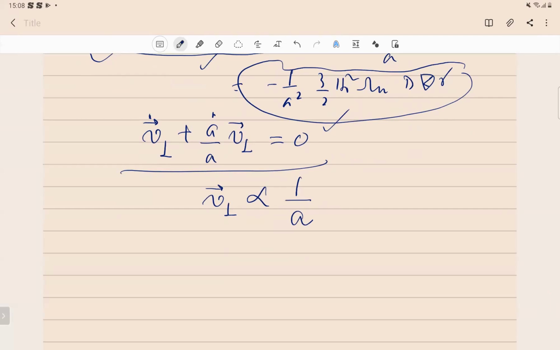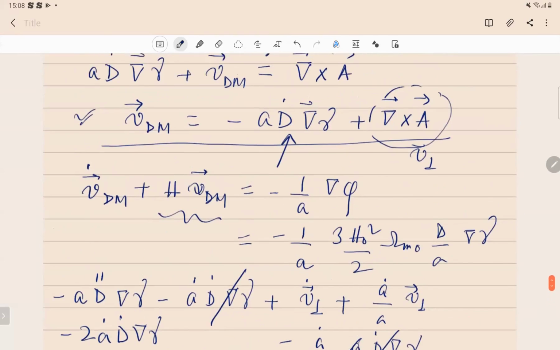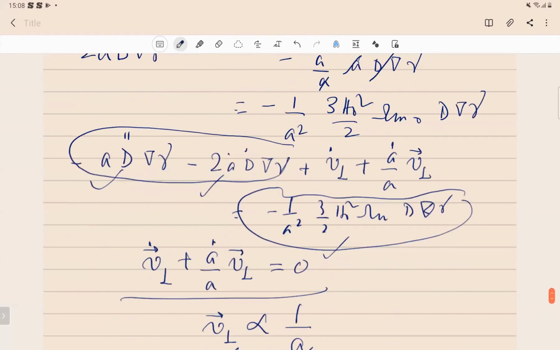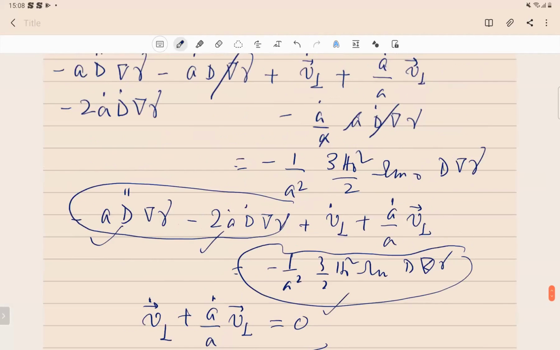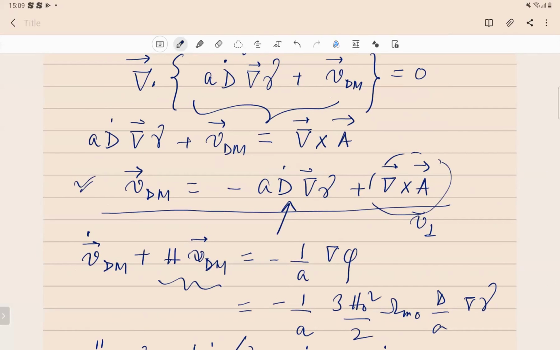What is crucial here is that you see this was the curl term. V perpendicular was some curl of a, right? So this term actually has to decay down. So you start with whatever term of the form of a curl, right? So this term will eventually die down. It will not have it.